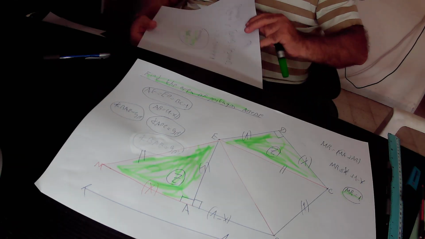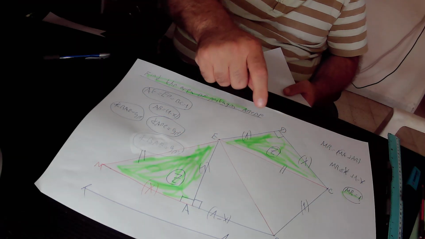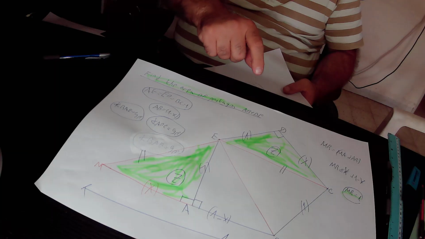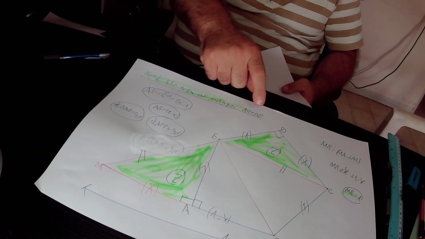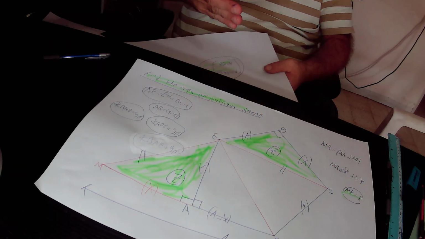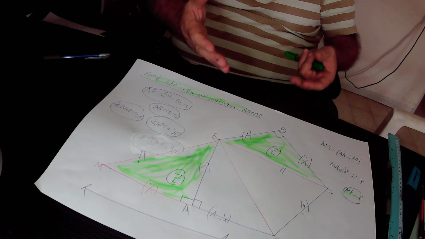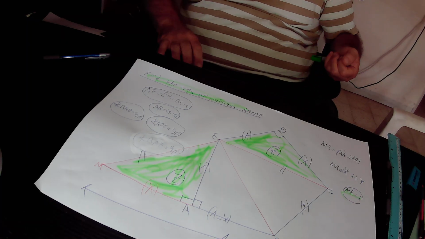Actually, from the drawing it is very easy to see that pentagon ABCDE consists of two shapes. It consists of this right triangle EDC and also this quadrilateral ABCE, and therefore the area of pentagon ABCDE must be equal to the sum of the areas of the two shapes that it consists of.